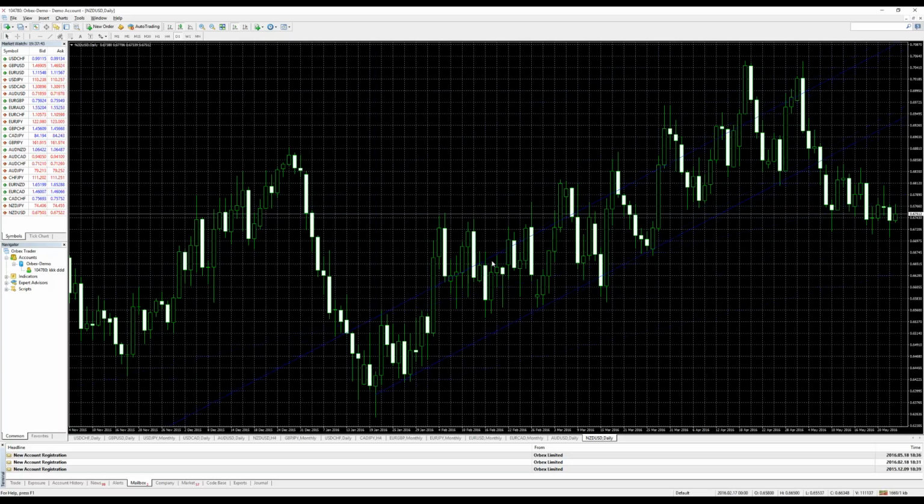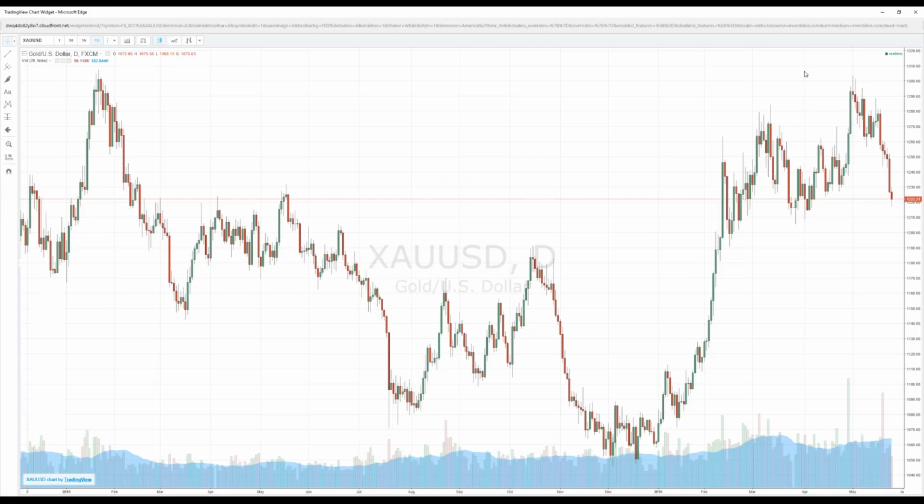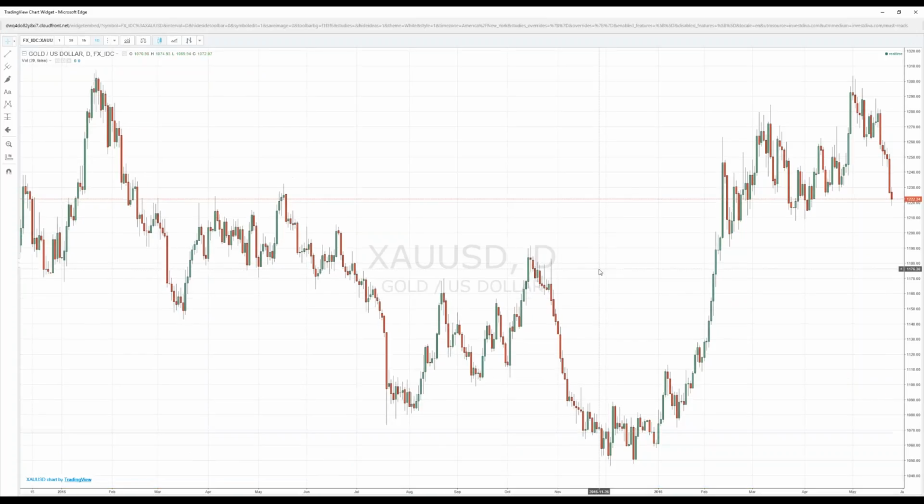Right, this is a little bit tighter, but so this is our upward channel that the Kiwi dollar started moving up, while gold versus the US dollar was a little bit more rapid when it comes to the up moves, and then it started its own channel over here, and it started to do a pullback, as we can see as of today.